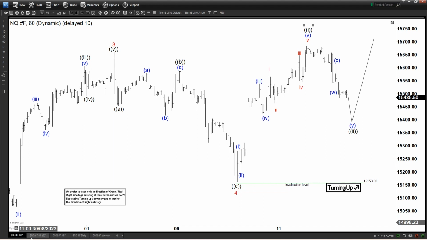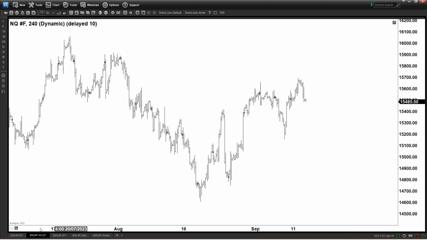And again, regardless of whether this is corrective or motive or impulsive or diagonal in this case, even within a corrective structure, most likely you're still going to have to break above here, because a 5 swing is not a corrective structure, so most likely we can still see another leg up at least.